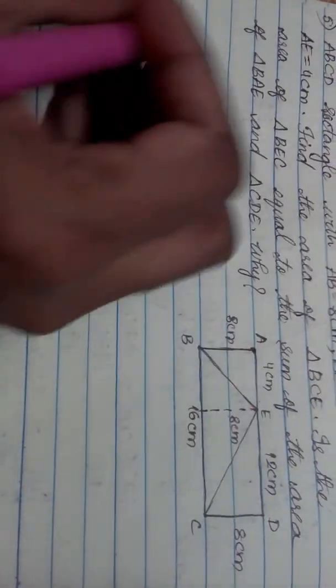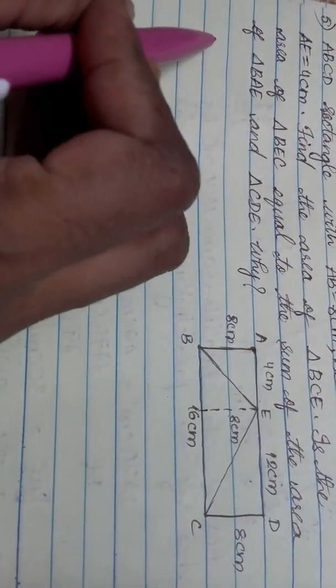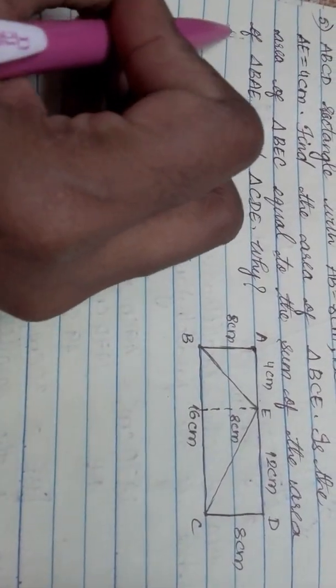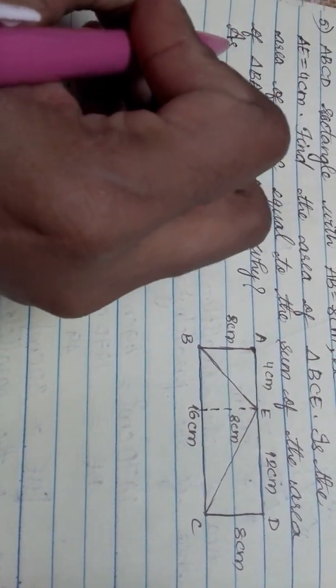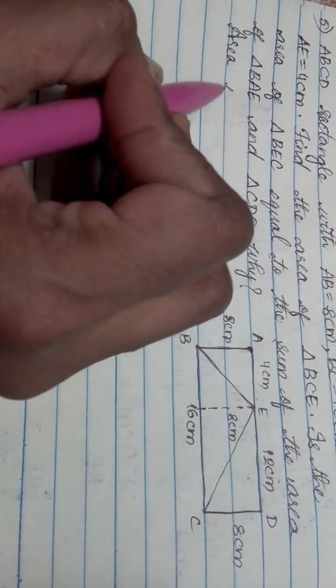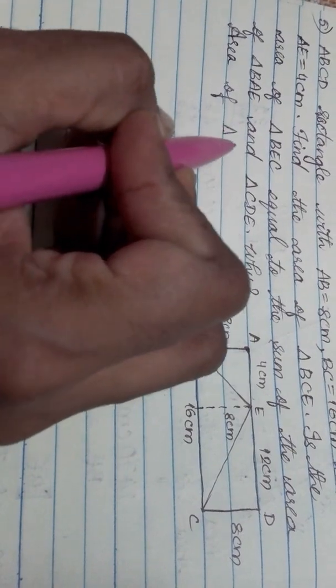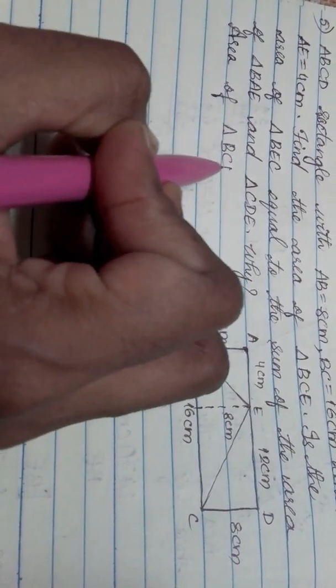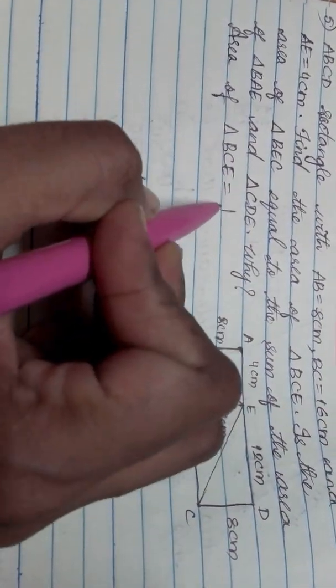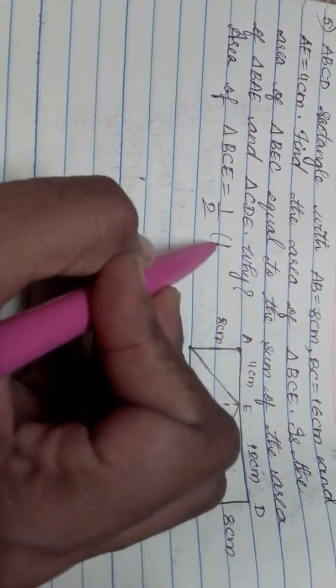So for that, let us first find out the area of this smaller triangle. Let's write the solution. Area of triangle BCE is equal to half base into height, since area of a triangle is half base into height.